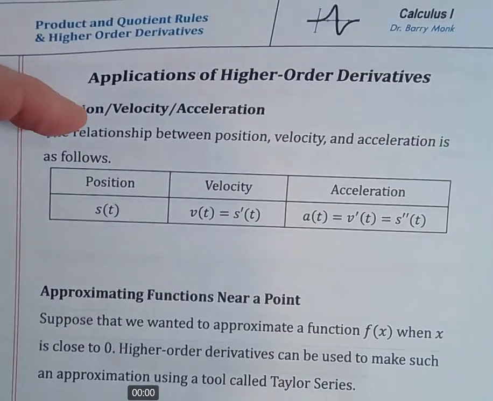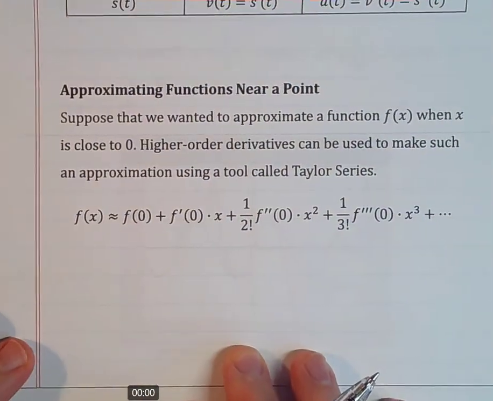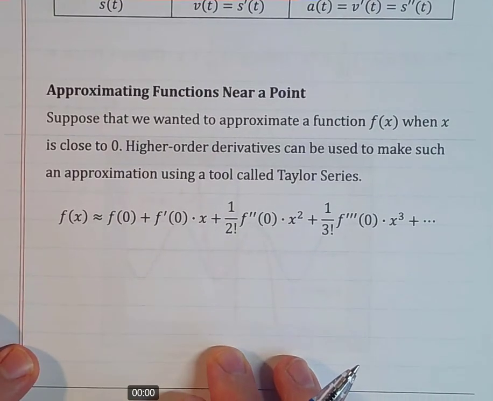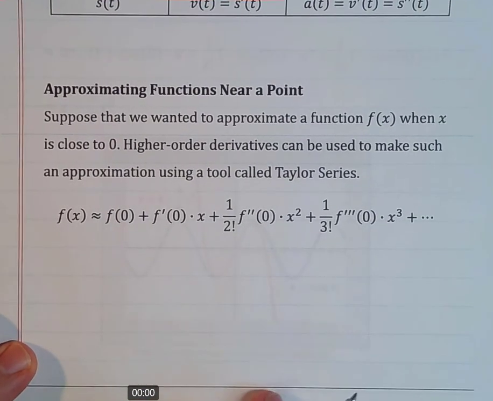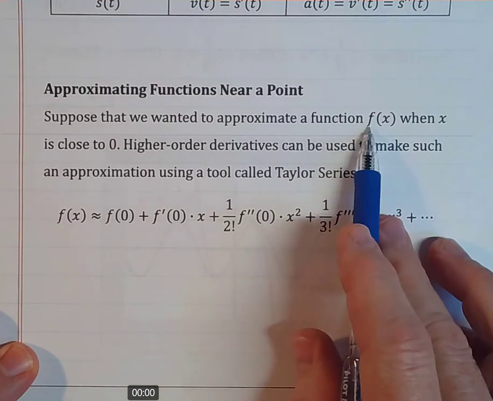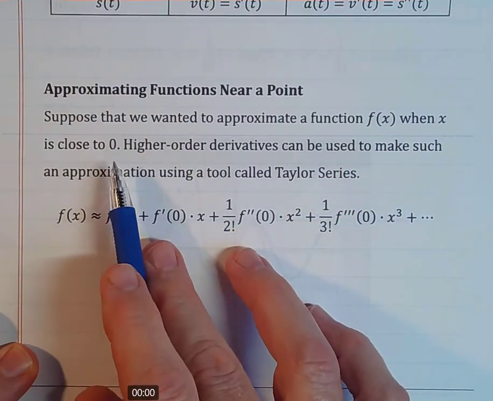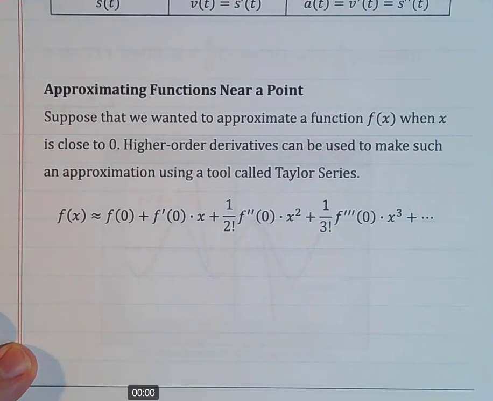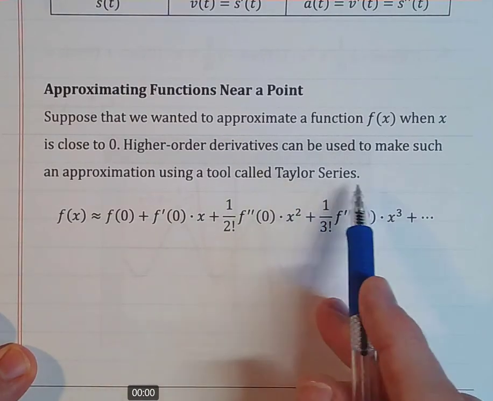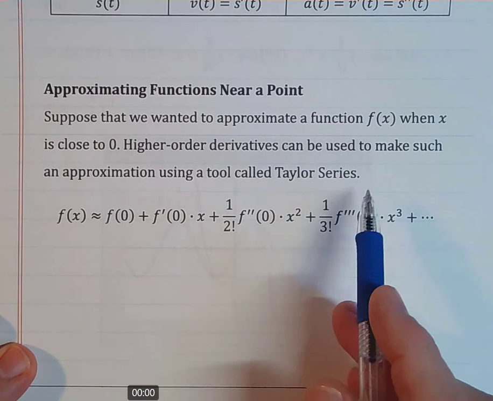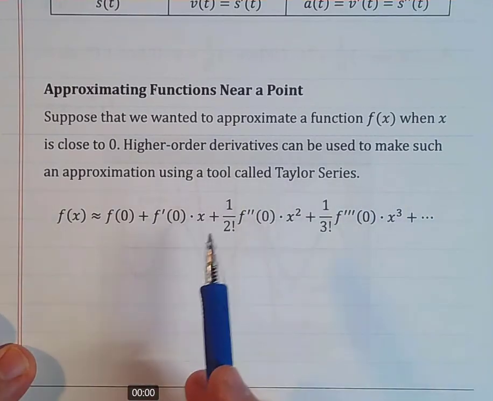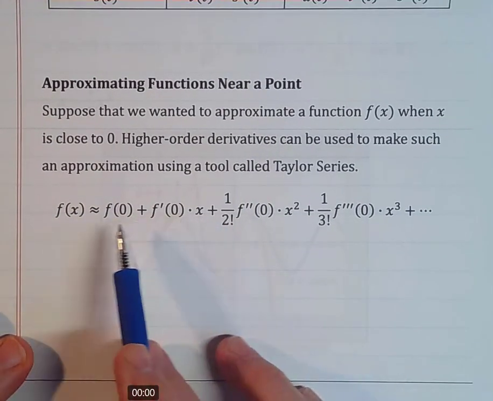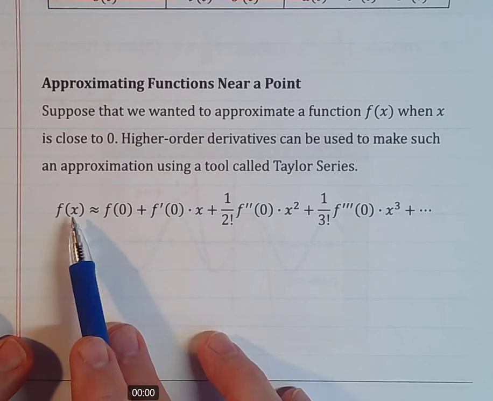Another way of thinking about higher order derivatives is that sometimes we want to approximate a function near a given point. And so suppose we want to approximate f of x where x is close to 0. Well, higher order derivatives can be used to make this kind of approximation using something called Taylor series. Now I'm not going to go into where this comes from, but it's a way of approximating a function.